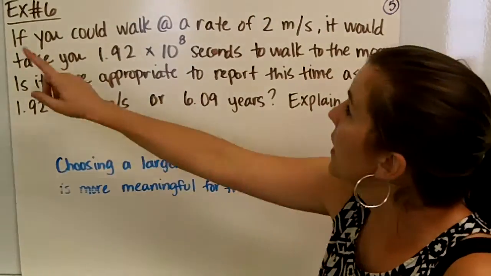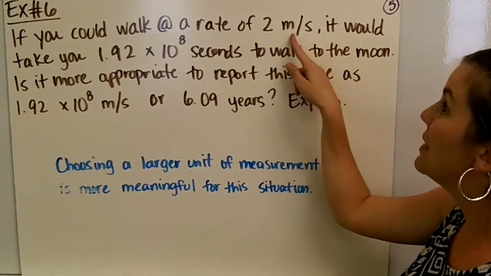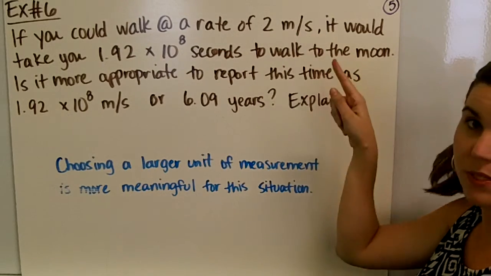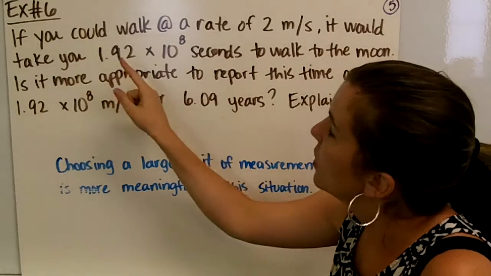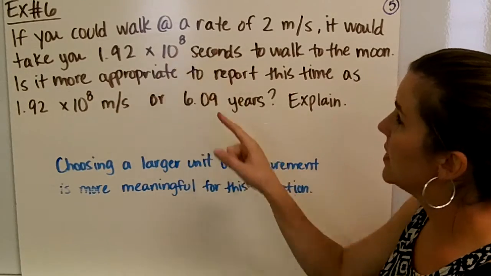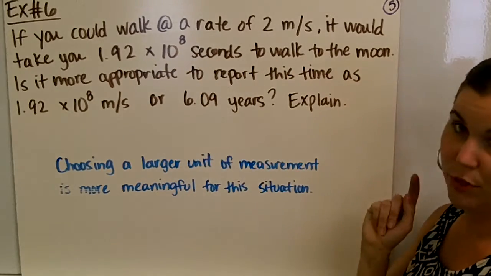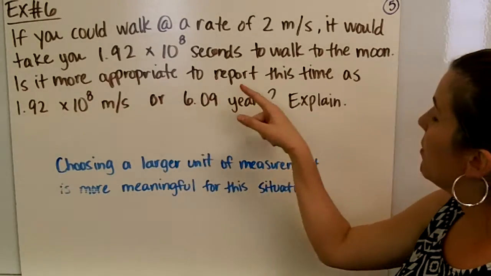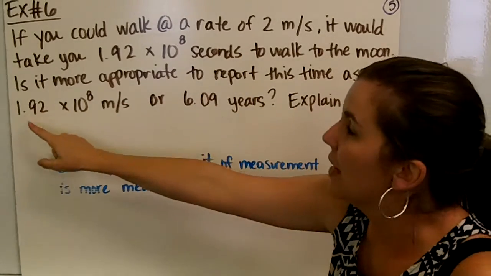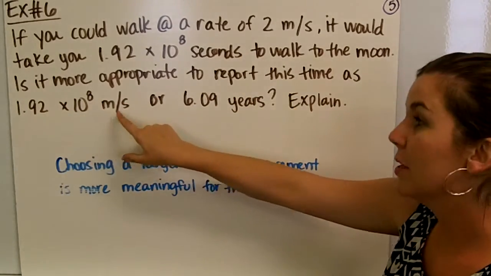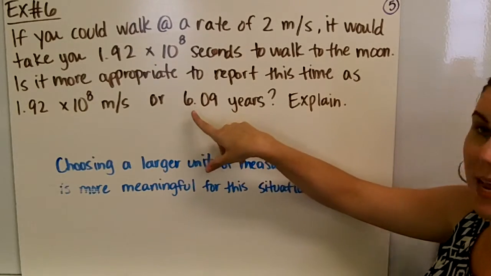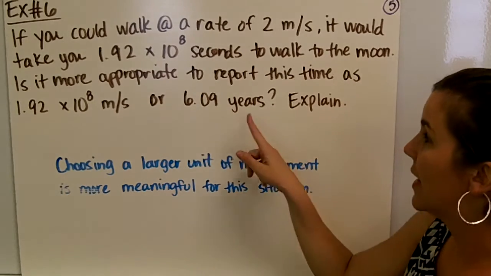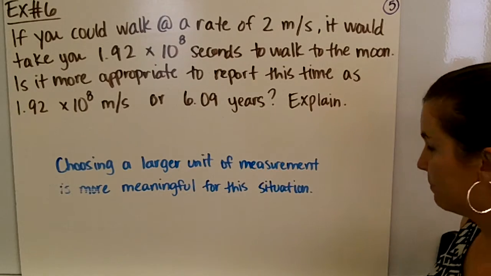Example number 6. If you could walk at a rate of 2 meters per second, it would take you 1.92 times 10 to the 8th seconds to walk to the moon. Is it more appropriate to report this time as 1.92 times 10 to the 8th seconds or as 6.09 years? Explain.